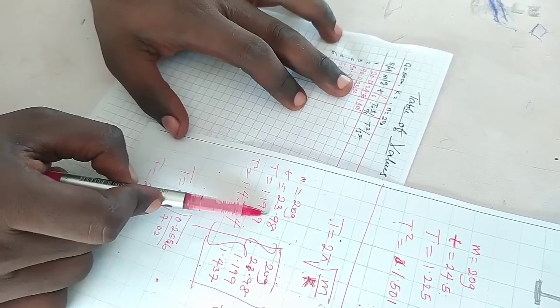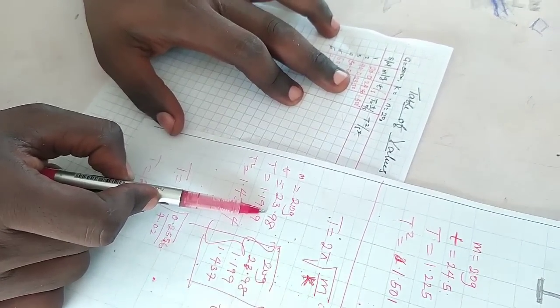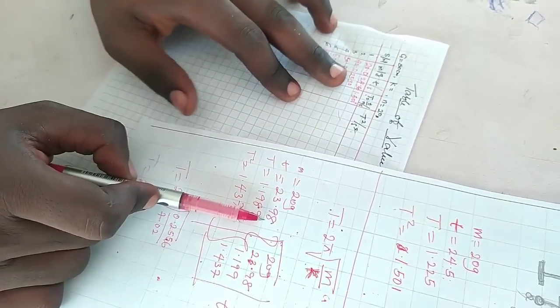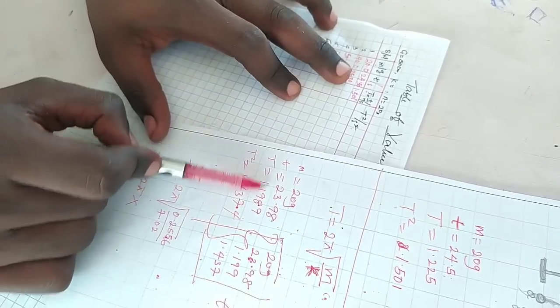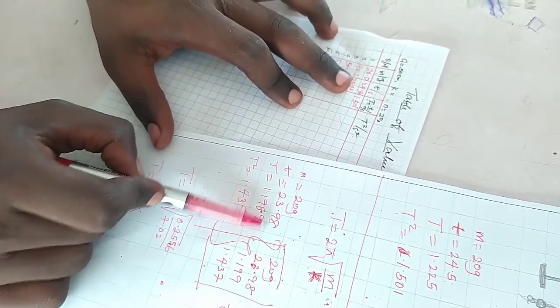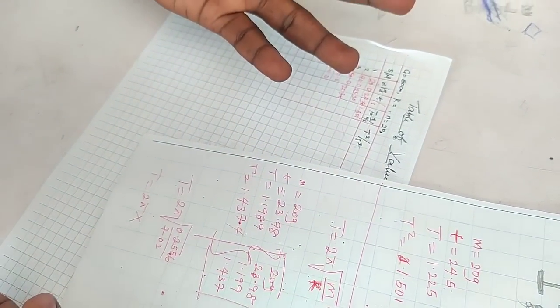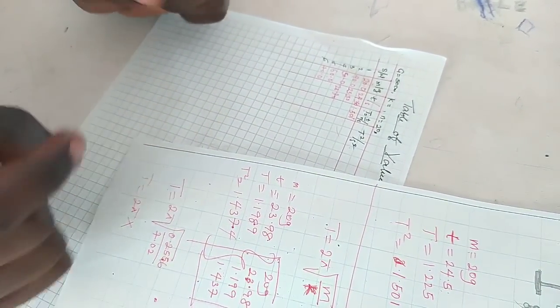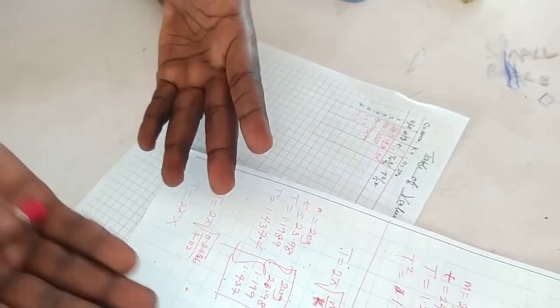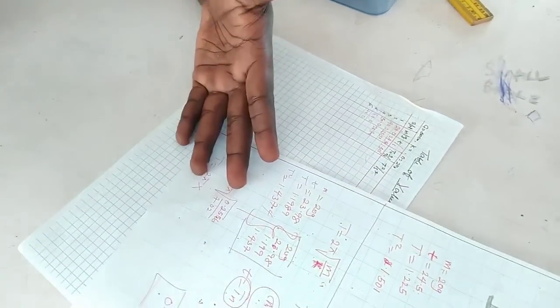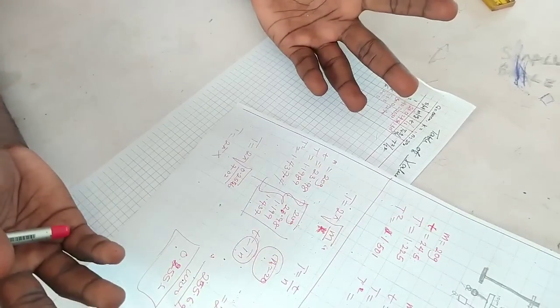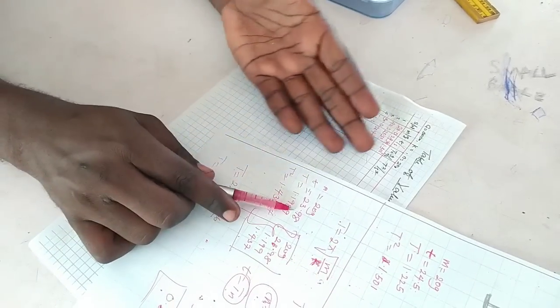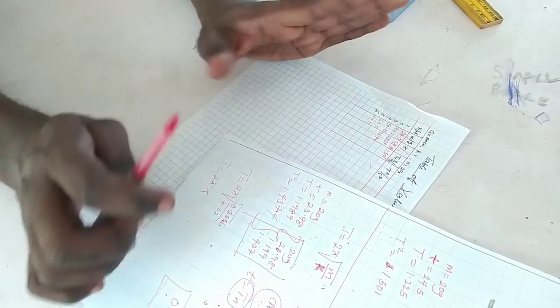They are approximately equal. To the nearest whole number, this one is going to be 25. And this one is going to be 24. So it's still in line. Am I making sense now? So there's just a slight difference. Why? Because as human beings, when you are counting, you are bound to make a mistake. Is that okay now? So this is not too far from each other. Do you get that clear now?